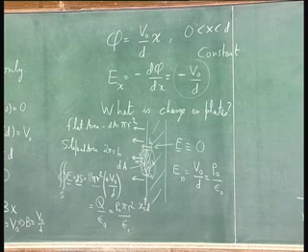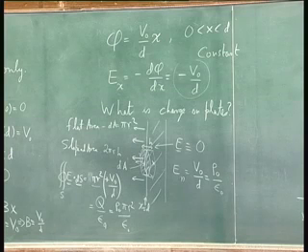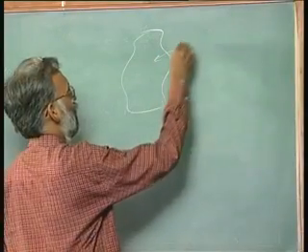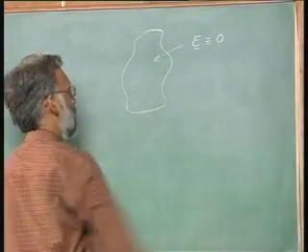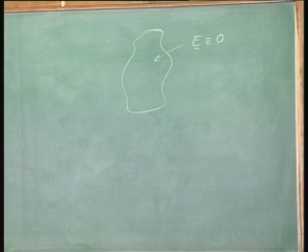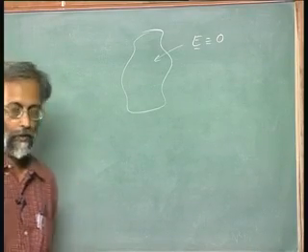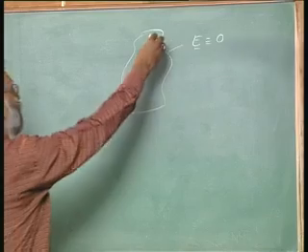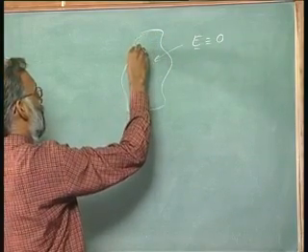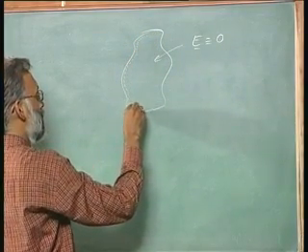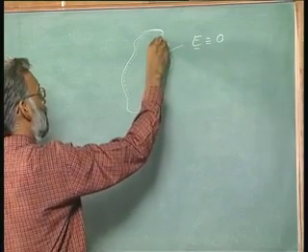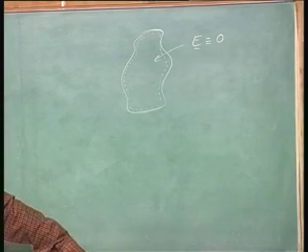I have skipped a point here, and so let me cover that before I complete this problem. When I talked about a metallic body, I said the electric field is identically 0. If the electric field is identically 0, then the question comes, where is the charge? Okay. Well, you know the construction. I take an imaginary surface that lies entirely inside but near the surface of the body.